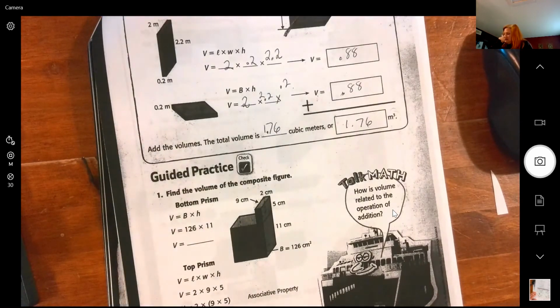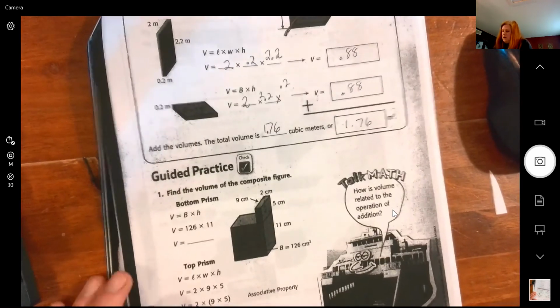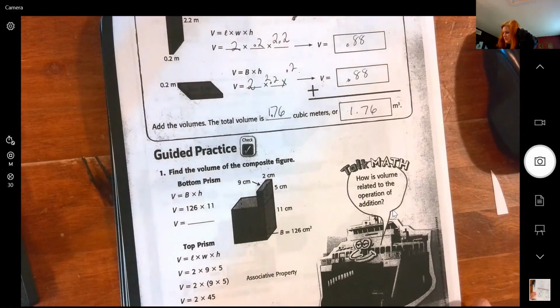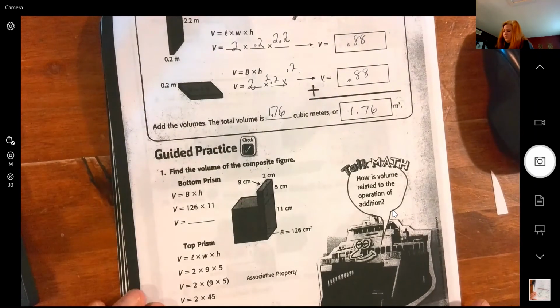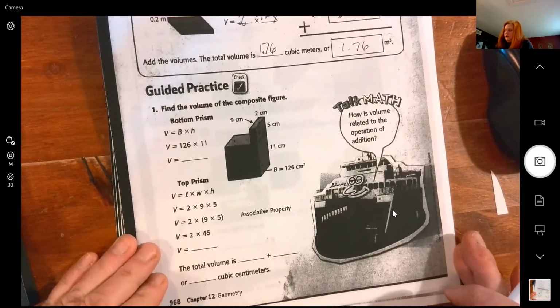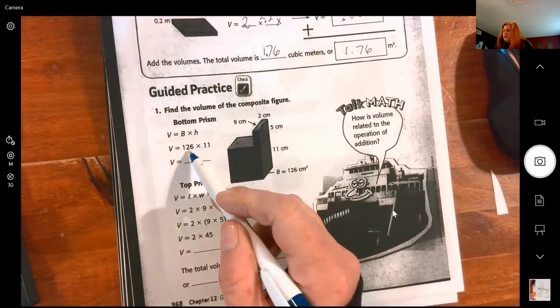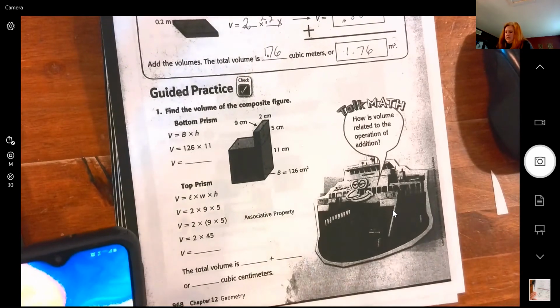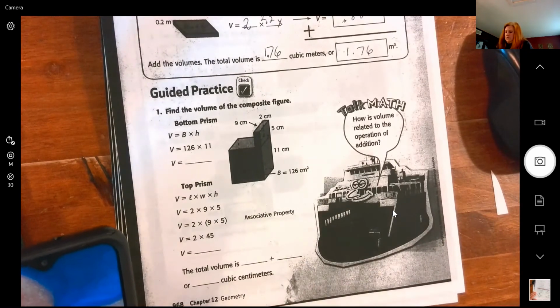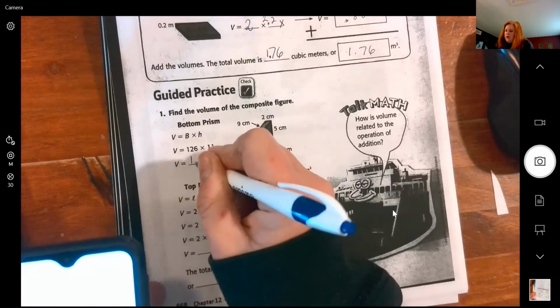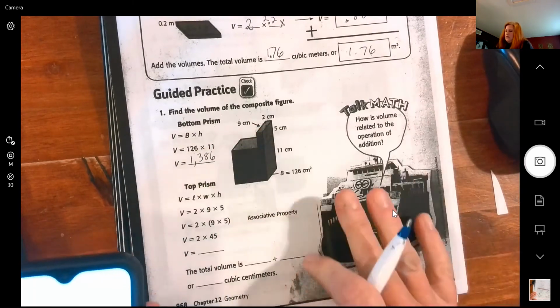All right. So if we look at this one, we have 2 different rectangles. We have the top one, which they already gave us the base and the height. So we're doing 126 times 11, 1386.